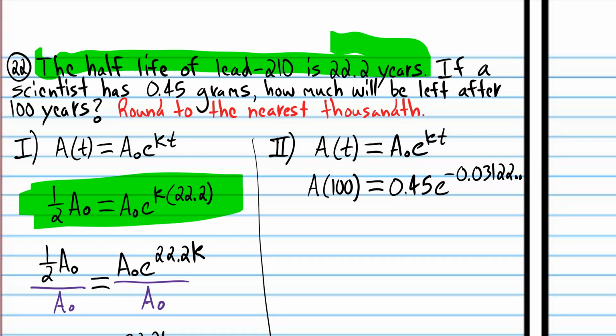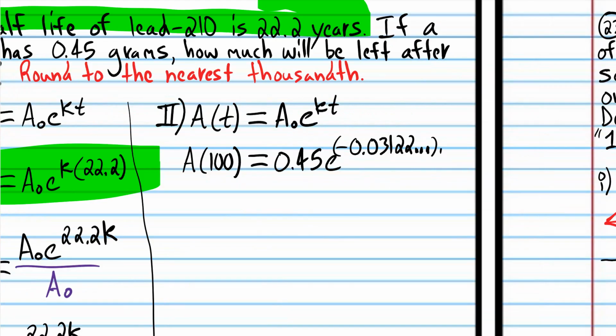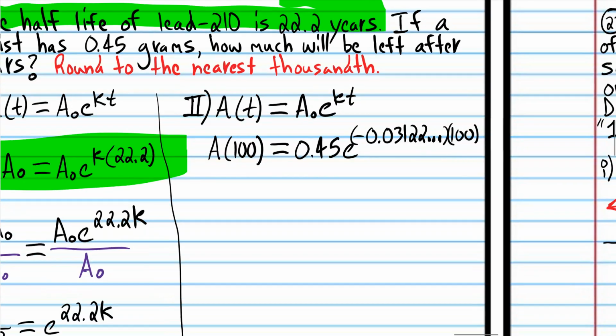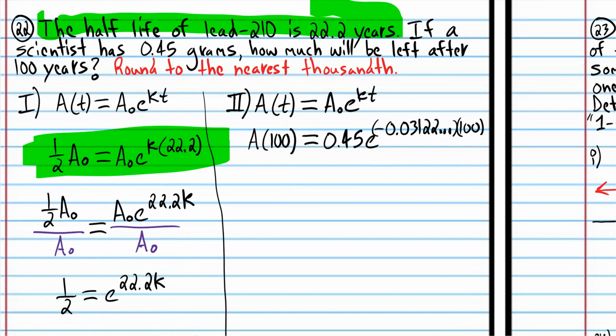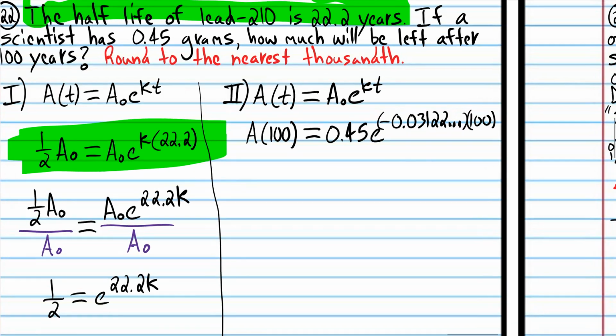Again, you want to keep that in your calculator. The T value is 100. So now we have to simplify that expression. So I have this number in my calculator, and then I'm going to enter times 100, and then enter.